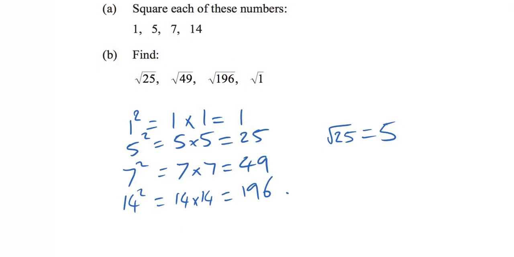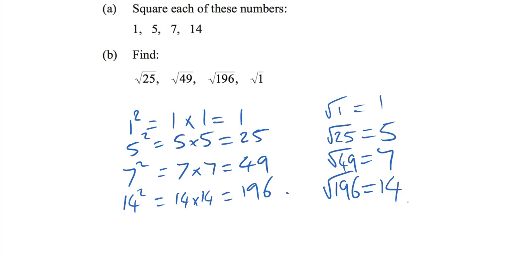And of course, it's the reverse operation as squaring something. So it's 5. The square root of 49 is 7. The square root of 1 is 1. The square root of 196 is 14.